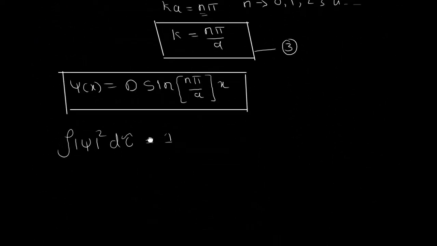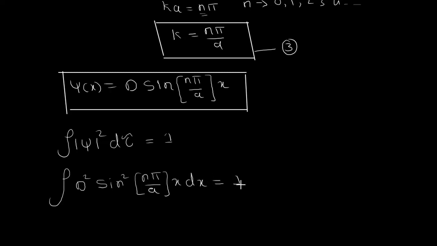So we can write the integration of mod square of psi as d square sin square of n pi by a times x dx equals 1.